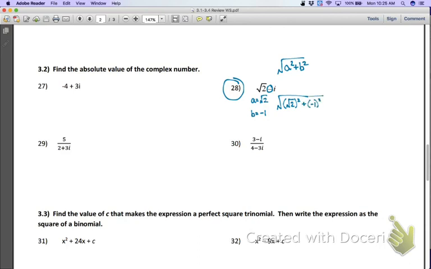So what's going to happen to your square root and your squared? It's just going to cancel, and it's going to be what? 2, right? So I have the square root of 2. What's negative 1 squared, or negative 1 times negative 1? Positive 1. So what's 2 plus 1? So my answer is just the square root of 3.